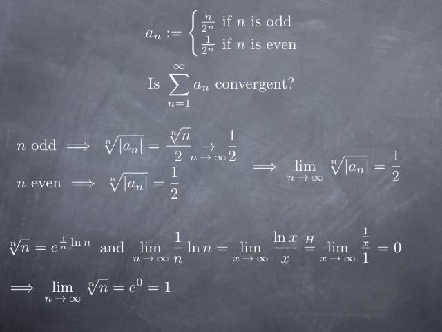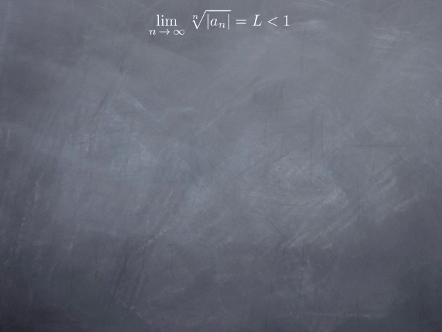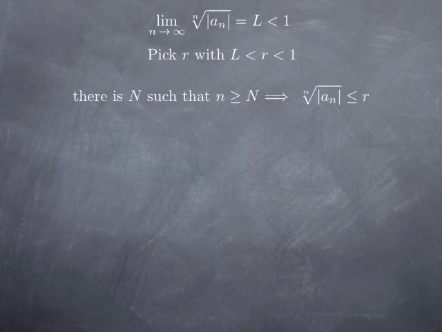So how do we use that to compare with a geometric series? This is the type of result that we want to use. Let's look at the abstract setting where the nth root of the general term has a limit equal to L less than 1. That means we can pick a number r strictly between L and 1, and because the limit of the nth root of a_n is L, for indices large enough, we can make this nth root of a_n less than or equal to r.